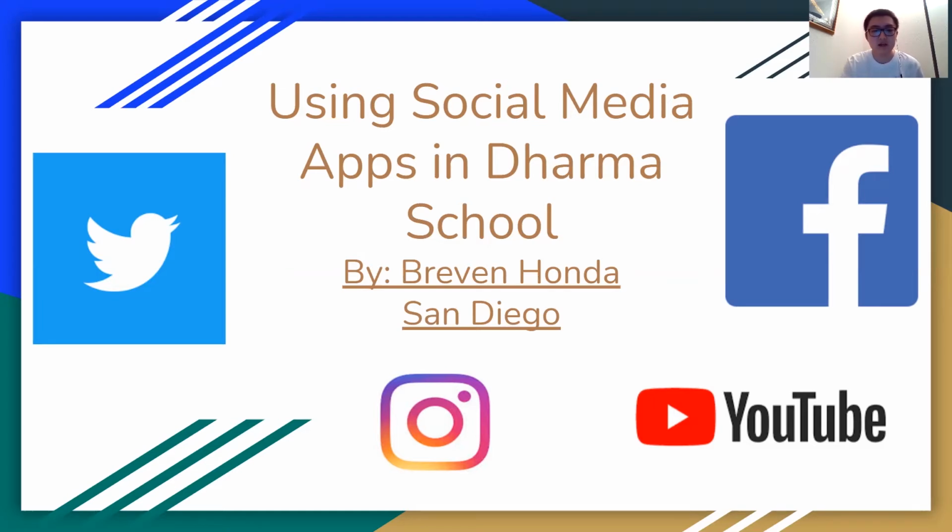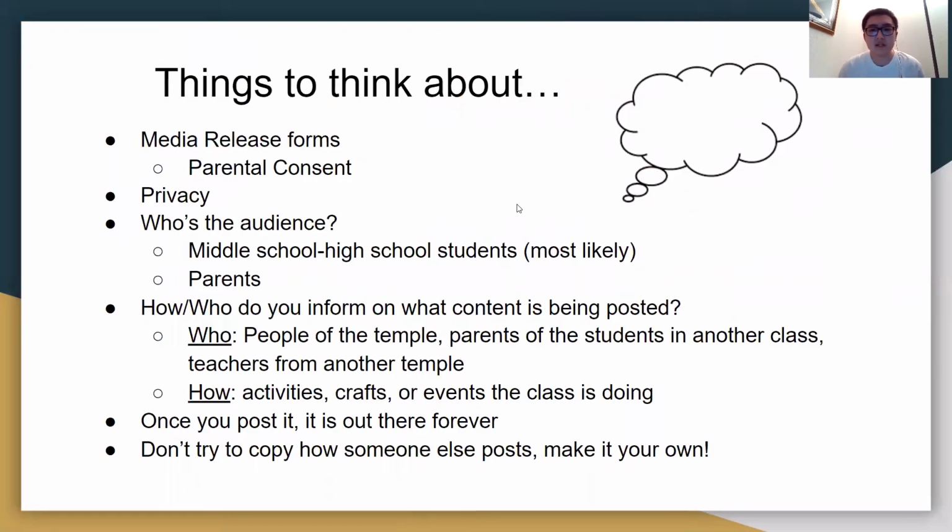So let's go ahead and get started. Let's think about things to think about. One of the first things is media release forms, which give parental consent because you are dealing with minors, people under the age of 18.